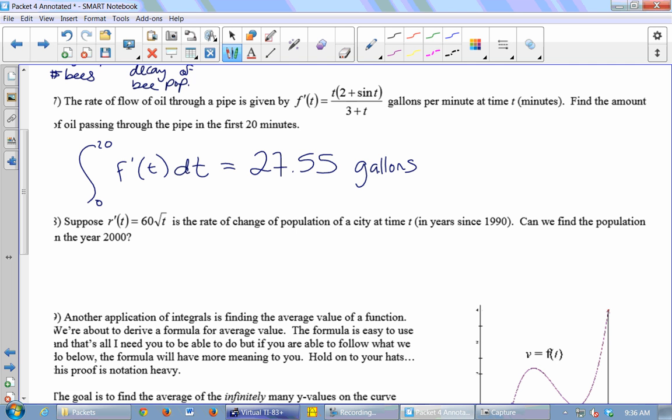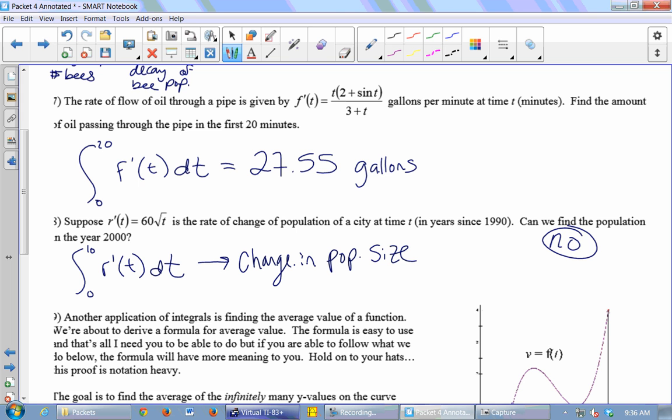I could take the integral from 0 to 10, because we're going from 1990 to 2000, of R prime of t. But that's going to tell me the change in the population size. I would need to know what it started at to find out what it finished at. This just tells me how much it grew or how much it shrunk. So basically, no, can't find it.